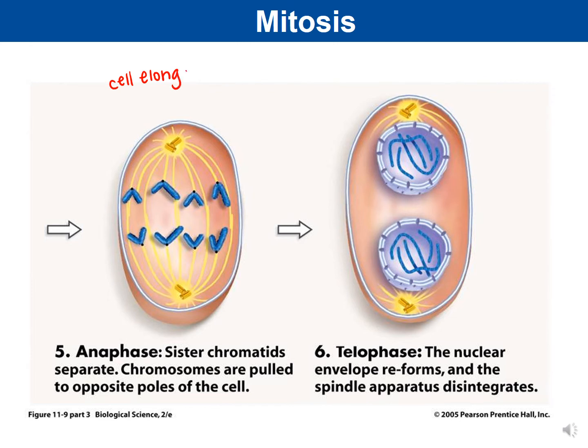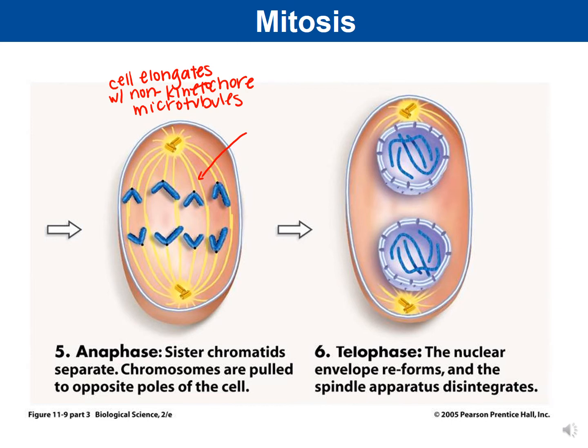So the cell elongates with non-kinetochore microtubules. You'll notice that some of these microtubules are not attached to a chromosome.